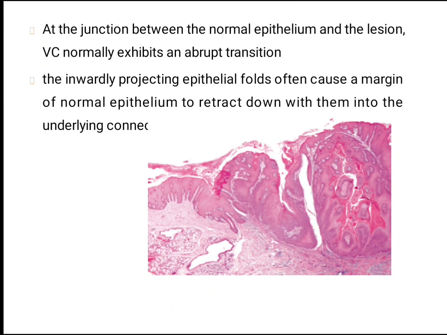So sometimes, at the junction between the normal epithelium and the lesion, what we see? Inwardly projecting epithelial force causing a margin of normal epithelium to retract down. So normal epithelium is retracting down with the verrucous carcinoma. Okay, this is another important feature which we usually see at the normal epithelium and lesion junction, that normal epithelium is retracting down into the underlying connective tissue.